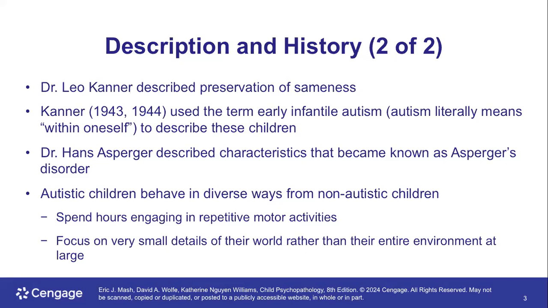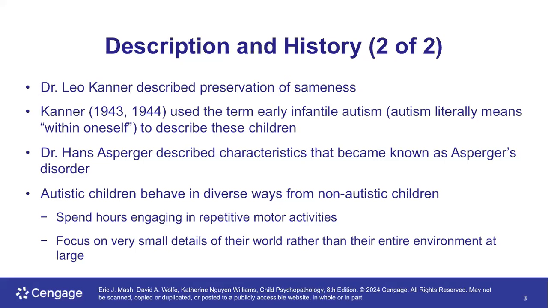Now, Asperger's disorder has been absorbed into the autism spectrum disorder family as one of the spectrum-based conditions. And we see that autistic children behave in quite diverse ways relative to non-autistic children.